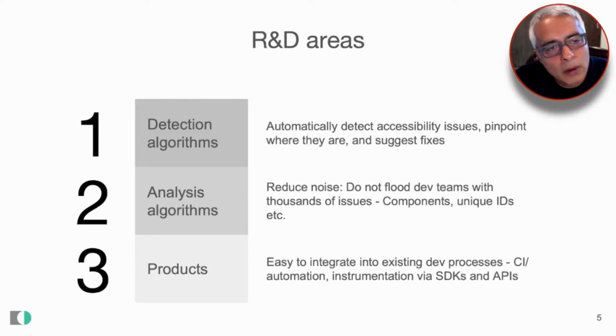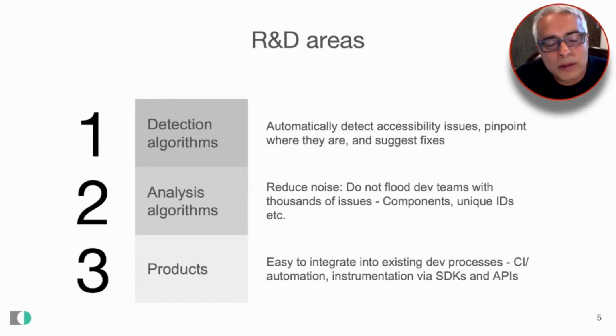We think that in order for accessibility to be integrated properly into the development process, you also need to have a bunch of analysis algorithms that really help reduce the noise. When you do an accessibility analysis, let's say it's a scan across thousands of pages, and each page has hundreds of issues, it's very easy to end up flooding the development team and them not knowing what to do with it, right?